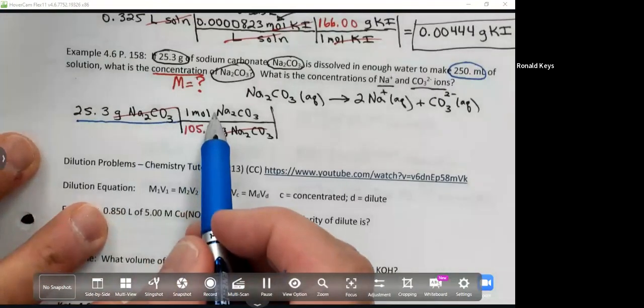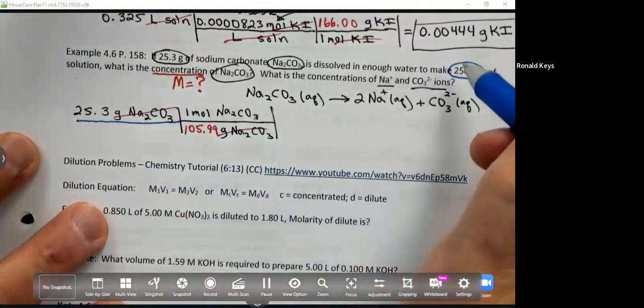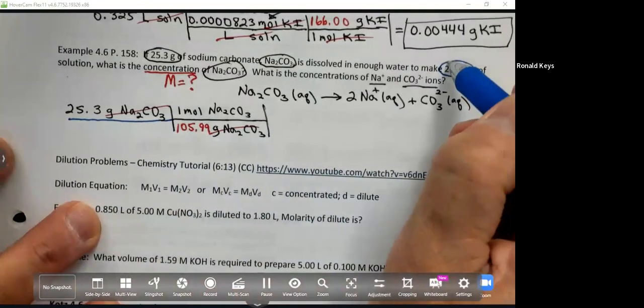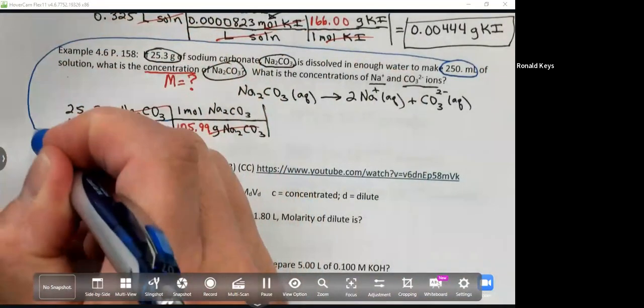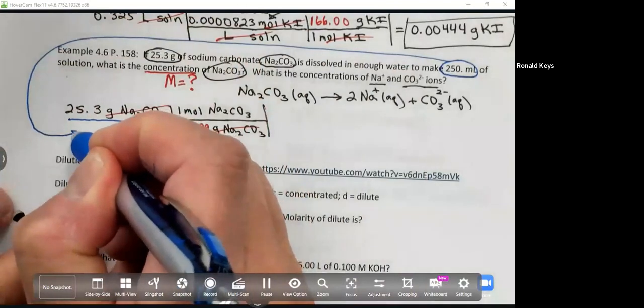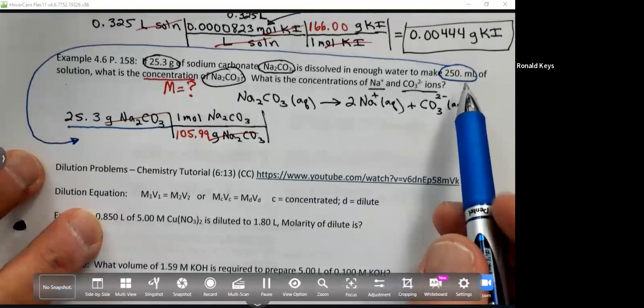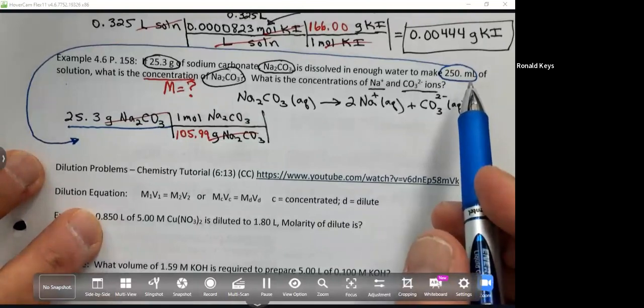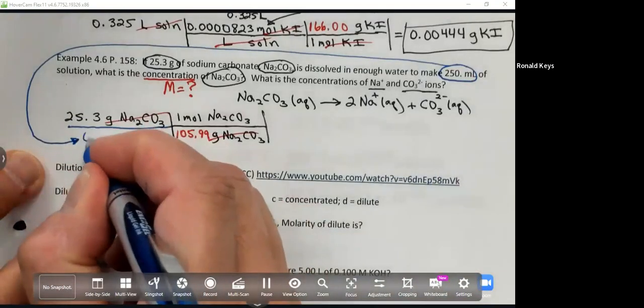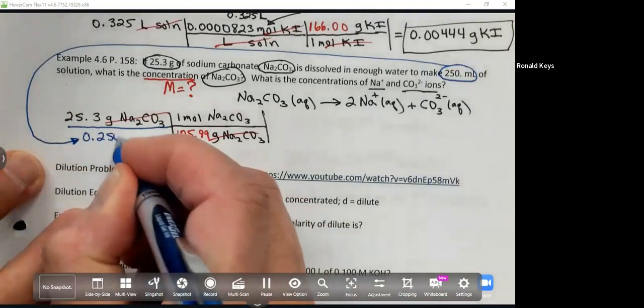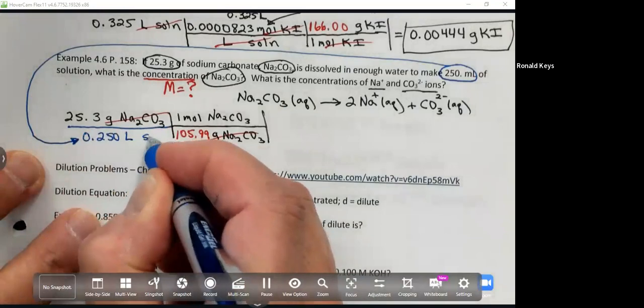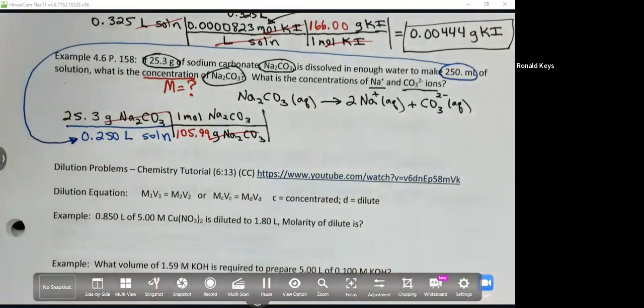I have moles in the numerator. Yes. Let's take this 250 milliliters right here. Put it in the denominator. And I'm going to change that 250 milliliters to how many liters? 0.250 liters of solution. I have moles over liters.